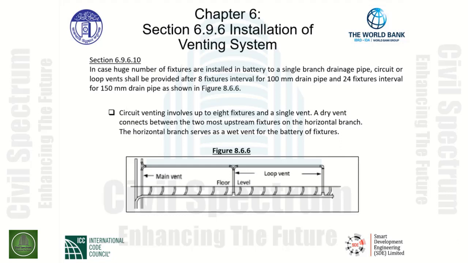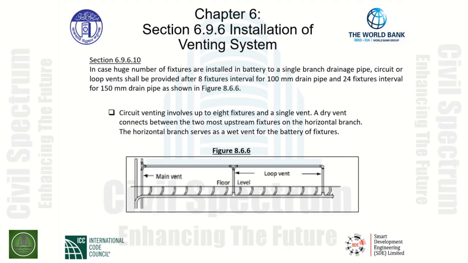In case huge numbers of fixtures are installed in a battery to a single branch drainage pipe, circuit or loop vents shall be provided after 8 fixtures interval for 100 millimeter drain pipe and 24 fixtures interval for 150 millimeter drain pipe, as shown in figure 8.6.6.